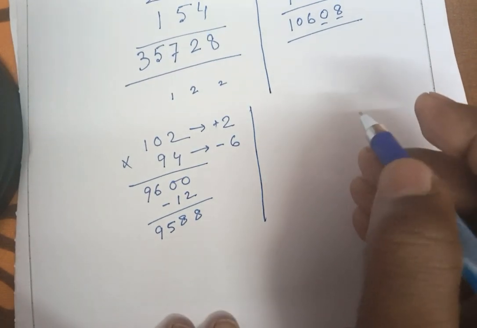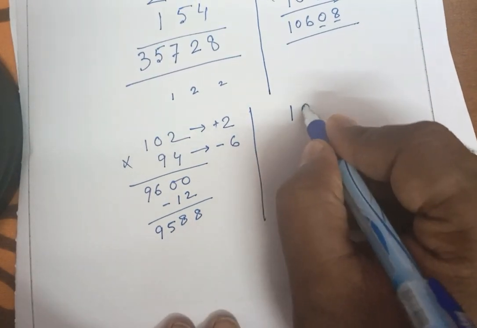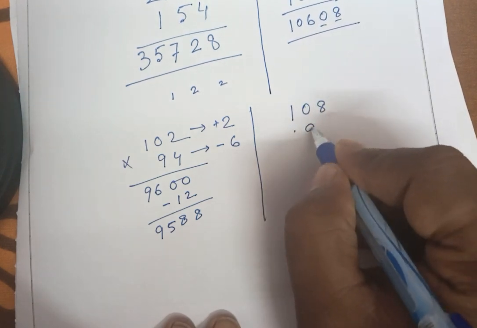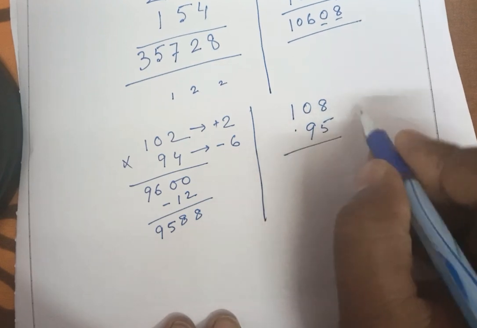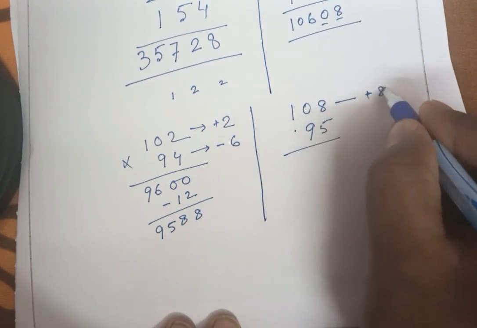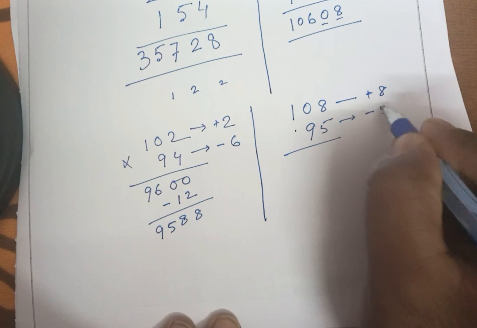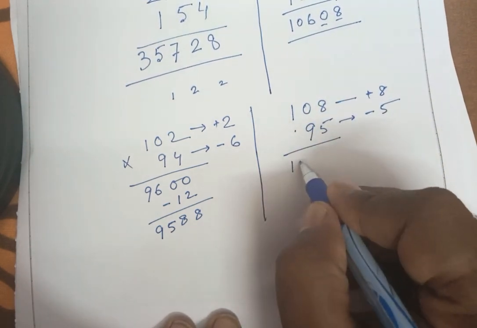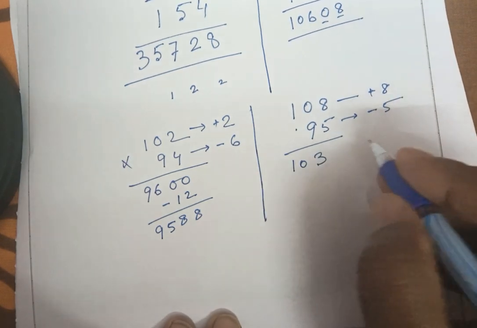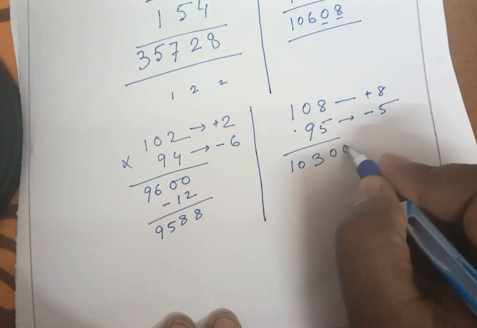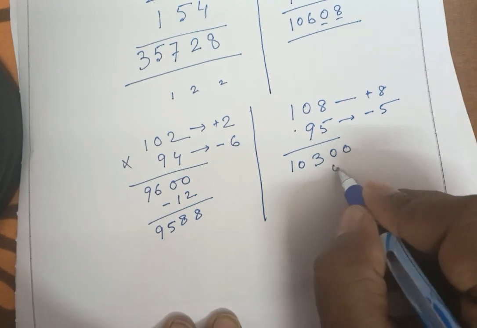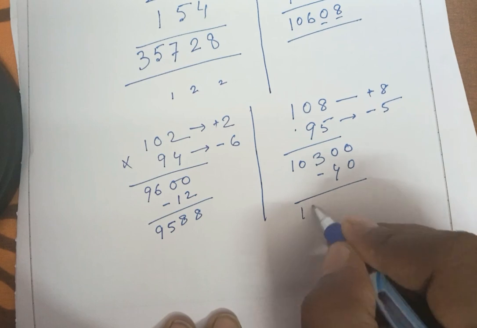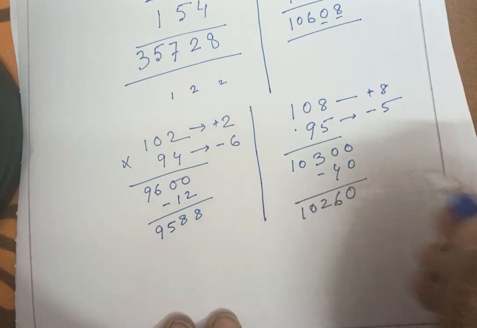Now if you multiply 108 with 95, suppose, how can you? So this is plus 8, this is minus 5. Now add this two or this one, so 103 here, and if you multiply these two, here it is 40, so you have to subtract, so 300 minus 40, it will be 10260.